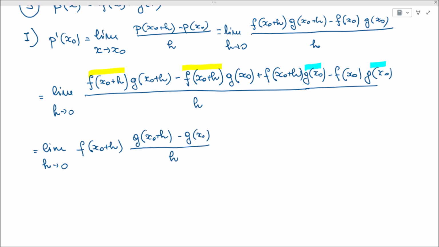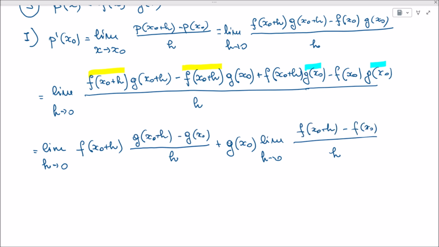This is one part of it. And then on the other two terms we can factor out g of x naught, which is a constant, so it comes out of the limit h goes to 0, and we are left now with the difference ratio f of x naught plus h minus f of x naught.